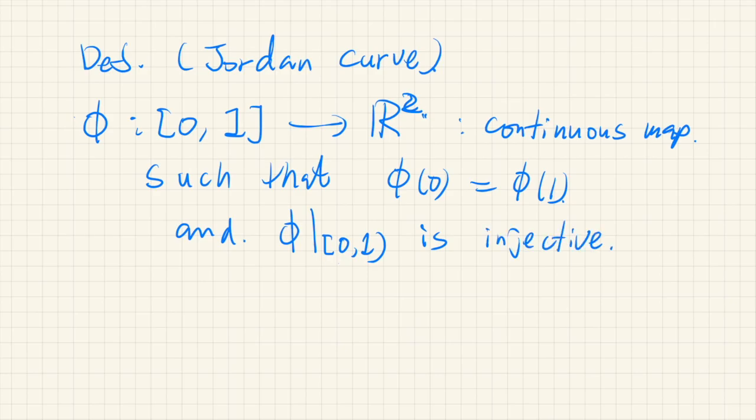So it's one-to-one. Then the image of phi is called a Jordan curve.